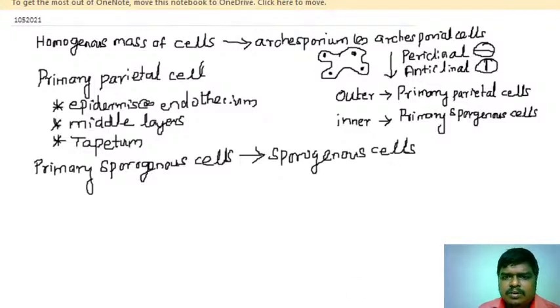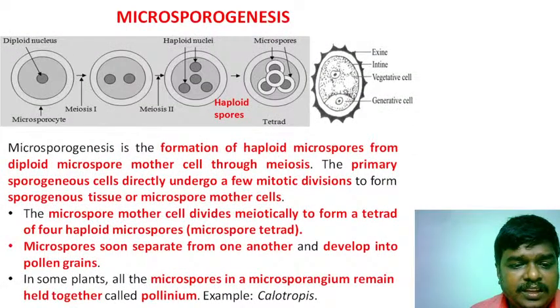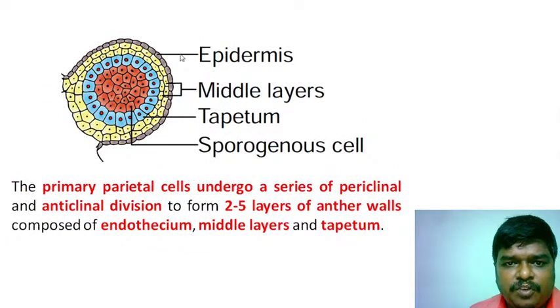Now, what is going to happen to this now? This is about the structures that are formed there. These are all the four structures. So you can see it here. These are the typical structures that are formed.